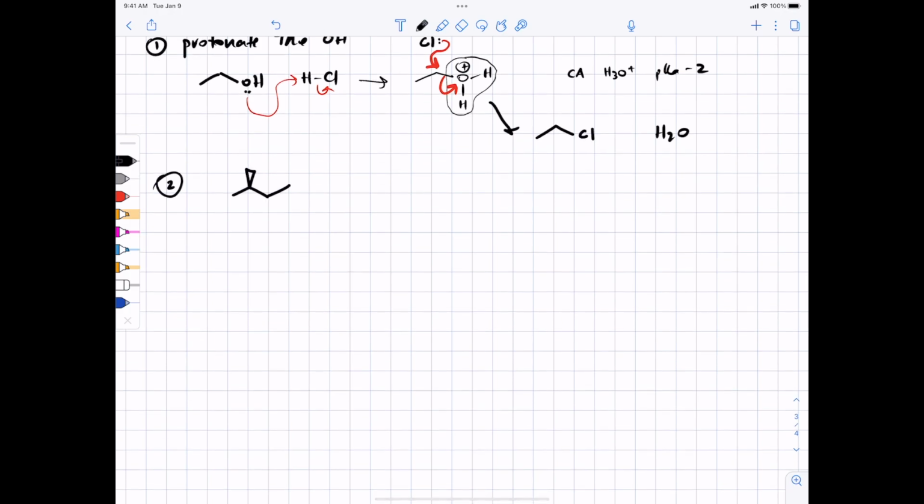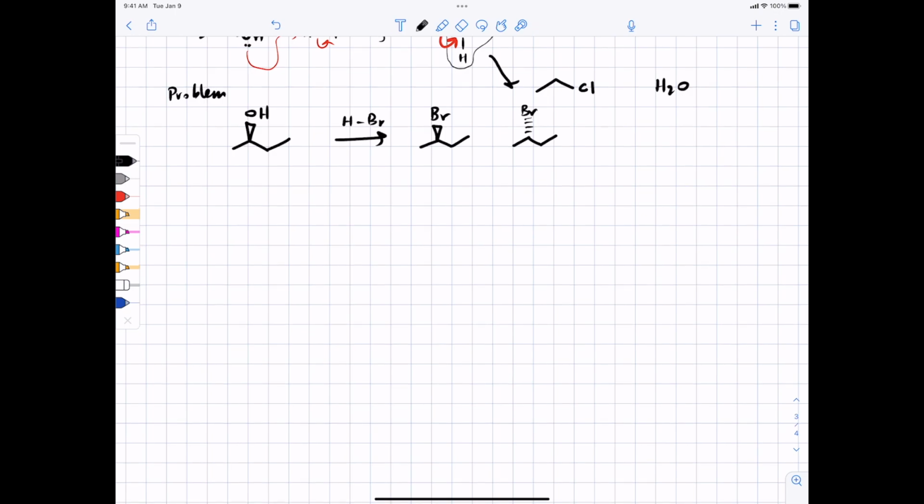Okay. The problem with this approach is that for secondary and tertiary alcohols, if you try to protonate the OH group, the substitution reaction works, but you actually get both enantiomers of the product. What does that tell you about the mechanism? Can it be SN2?